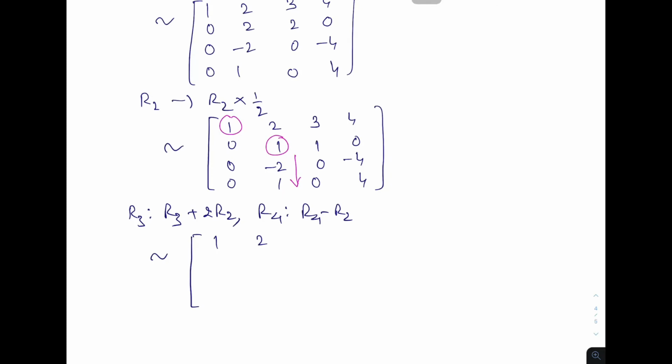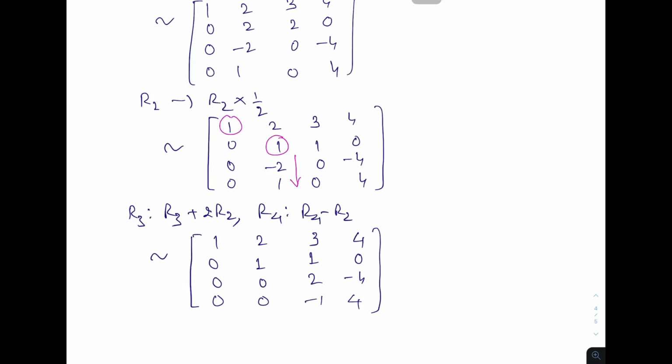So this is 1, 2, 3, 4, 0, 1, 1, 0, 0. Now 2 minus 2 is 0. Then 2 plus 0 is 2. This is minus 4. Now R4 minus R2, so 0. 1 minus 1 is 0. This is minus 1 plus 0, minus 1, and this is 4.